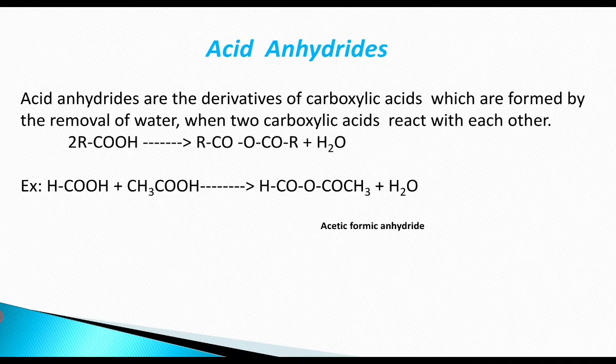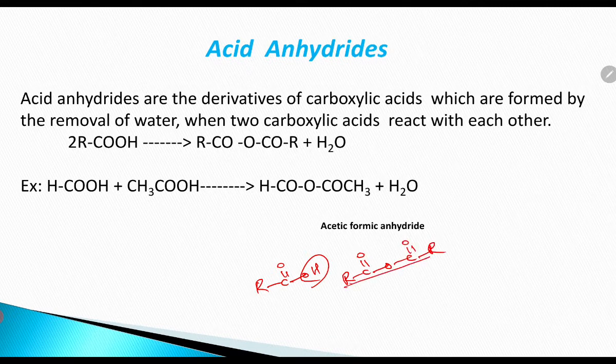Next, acid anhydrides. Acid anhydrides are the derivatives of carboxylic acids which are formed by the removal of water when two carboxylic acids react with each other. Generally, this is our carboxylic acid, and the OH group is replaced by an OCOR group. If it is replaced by an OCOR group, we get acid anhydrides.